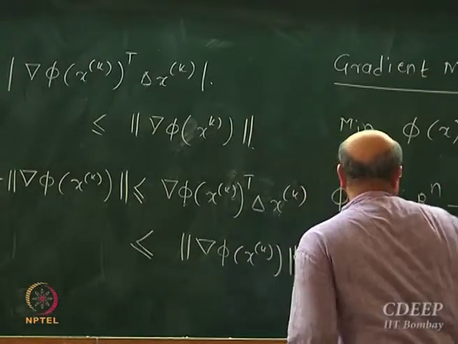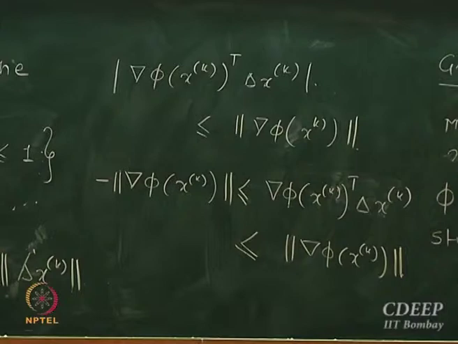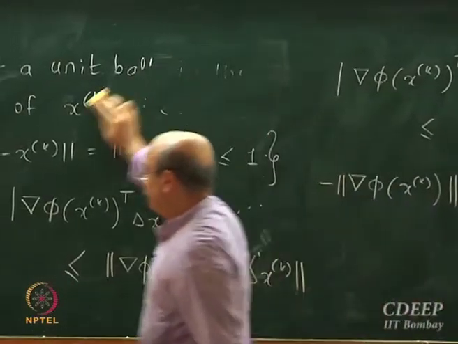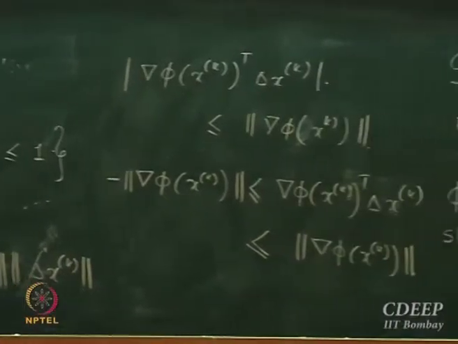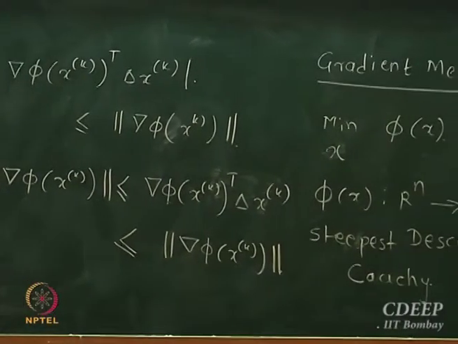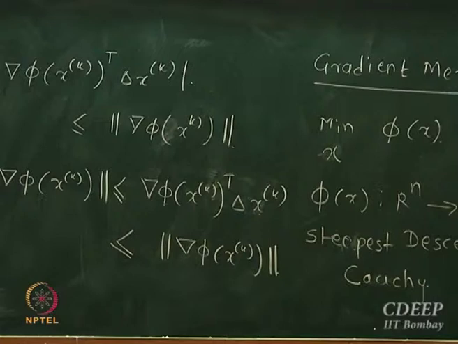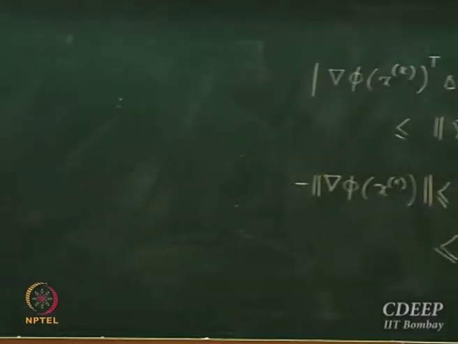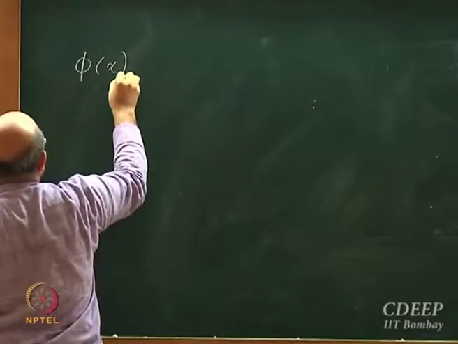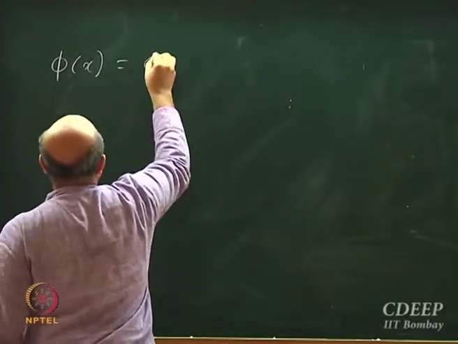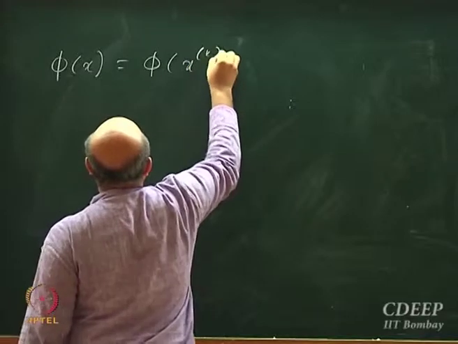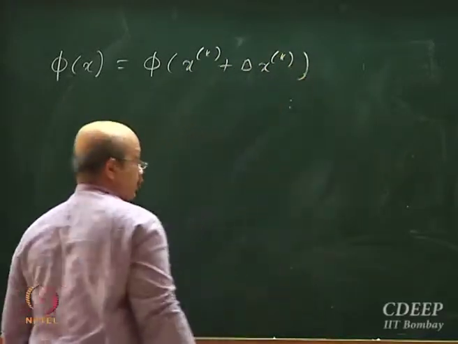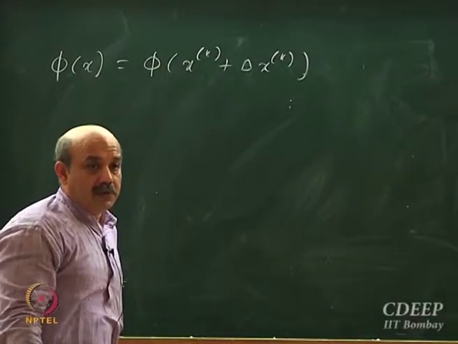Now why am I worried about this? Let's go back and look here. Let's retain this figure. See this phi x, which is written as phi xk plus delta xk, right?